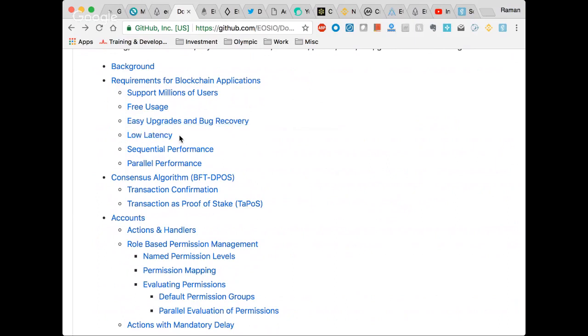Low latency is a very, very big feature. We are so used to this crypto world where we have to wait for confirmations for minutes or sometimes hours. EOS is the only blockchain which can provide you immediate confirmations within a second. That's the level of fast response. You will not be waiting and wondering what happened to your transaction when you send it from one wallet to another. A lot of other things.